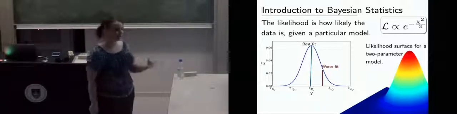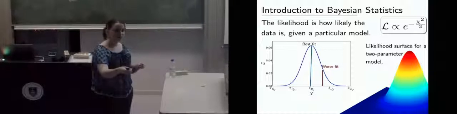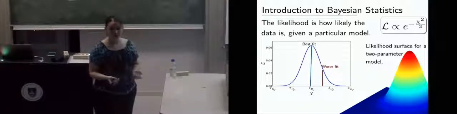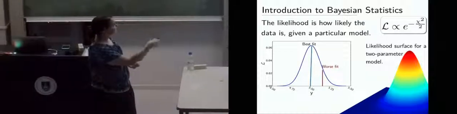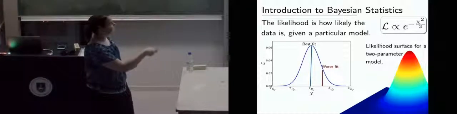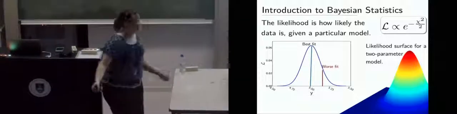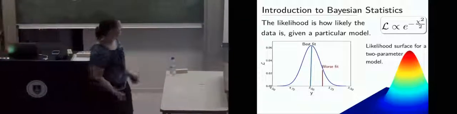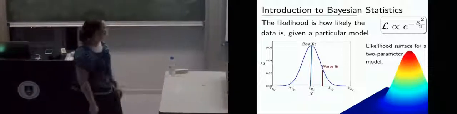So this starts to capture not only what are my best fitting parameters in a particular model, but what's the uncertainty on them as well, which you always need in science. And now this term can go into any number of dimensions, any number of parameters. If you can imagine a 7-dimensional surface, well, that's amazing, but the likelihood is well defined for any number of dimensions.